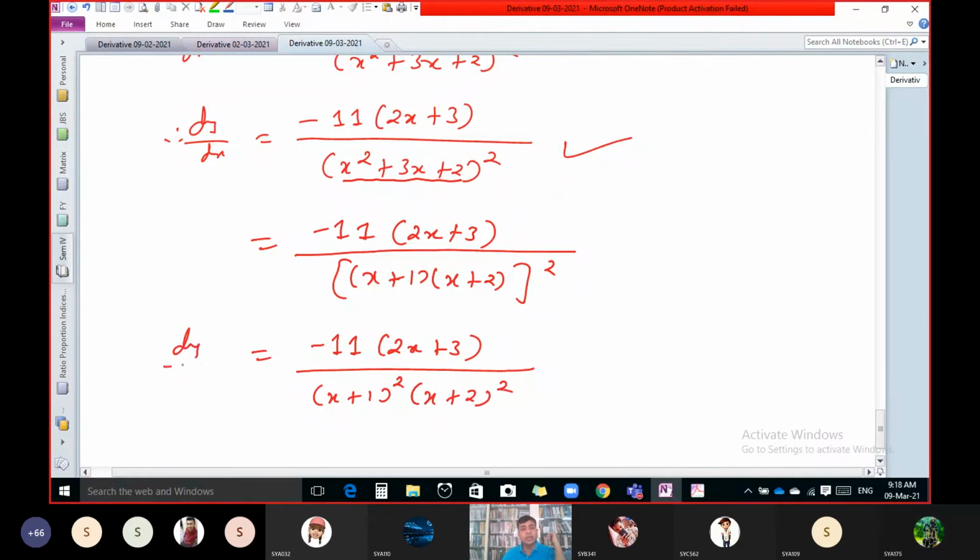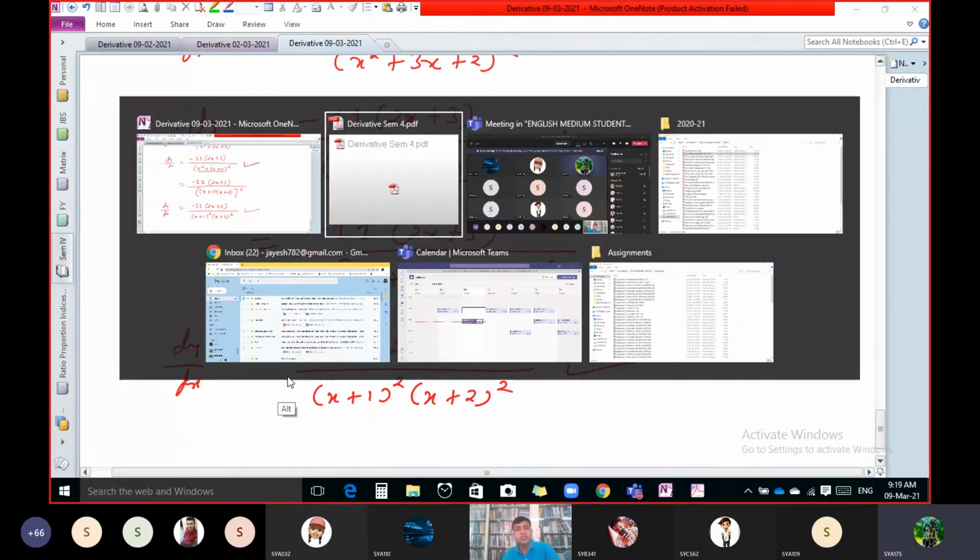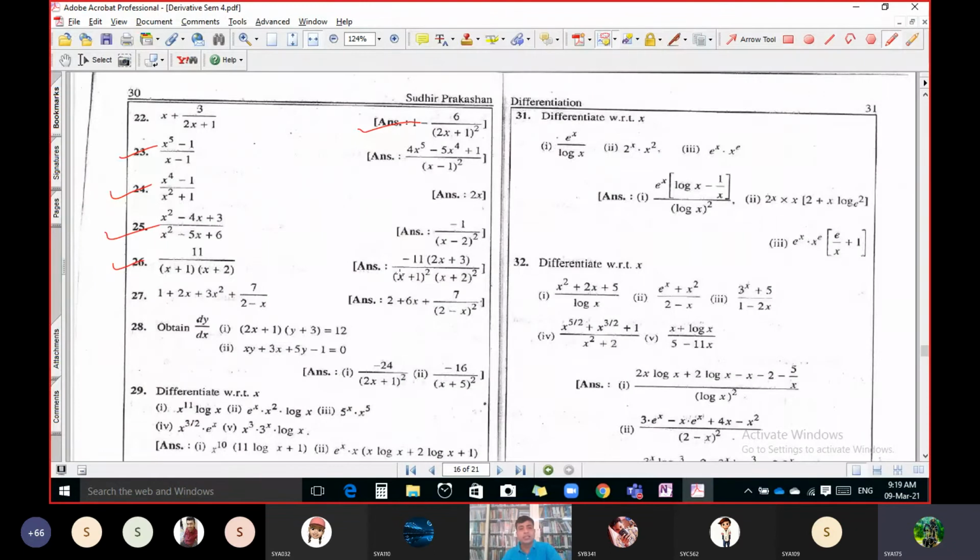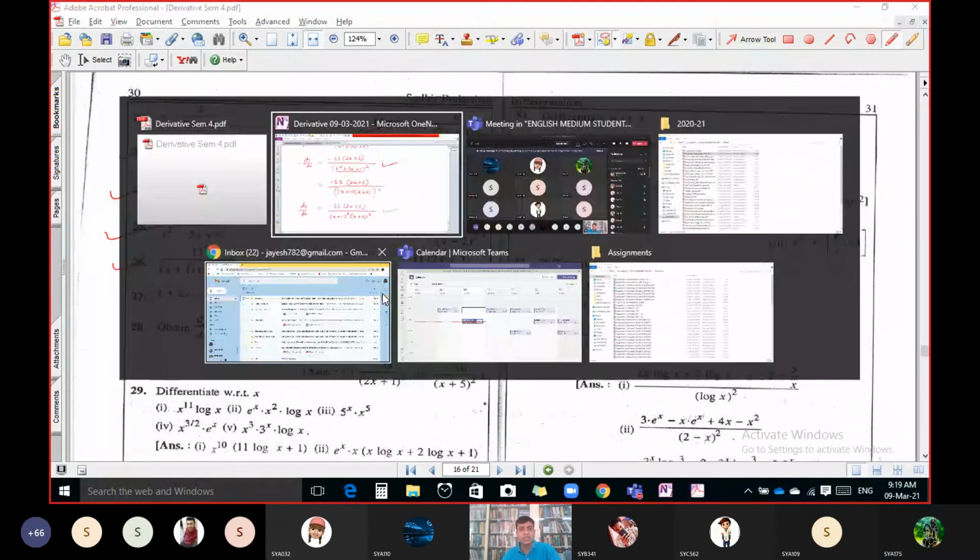So in the exam, either you can keep up to this, it's okay, nothing wrong in it, or you can write this, that is also a perfect answer. You will get full marks. The answer given in the book is this one, so I simplified it that way. Otherwise, the previous one is the correct answer.